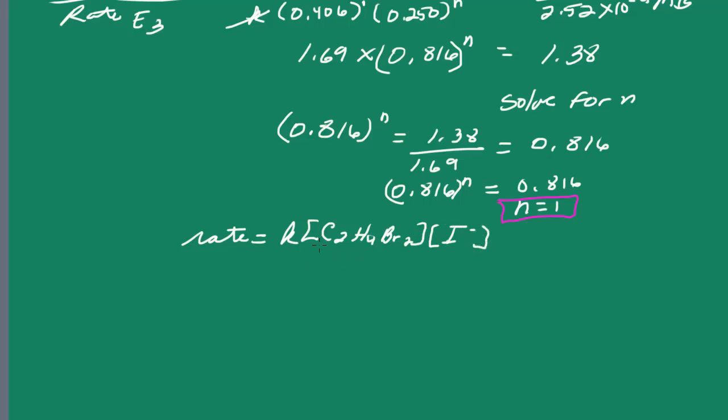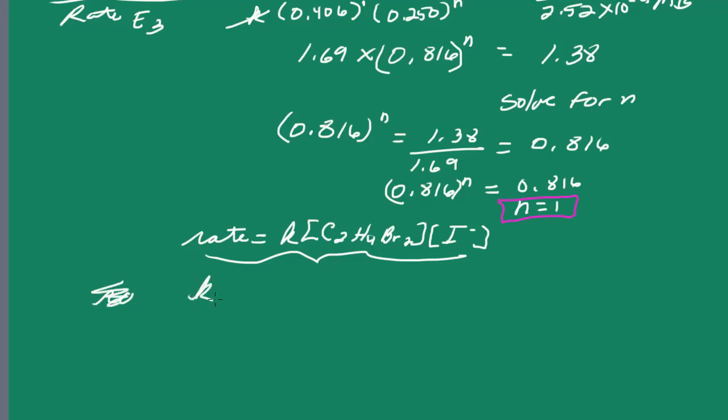So that is my rate law. Part B asks for the rate constant, so we need K. So I'm going to go ahead and solve for K.